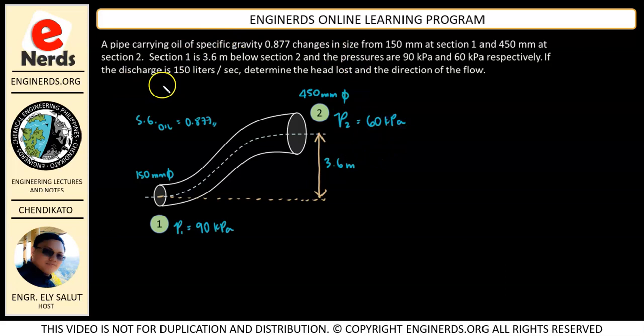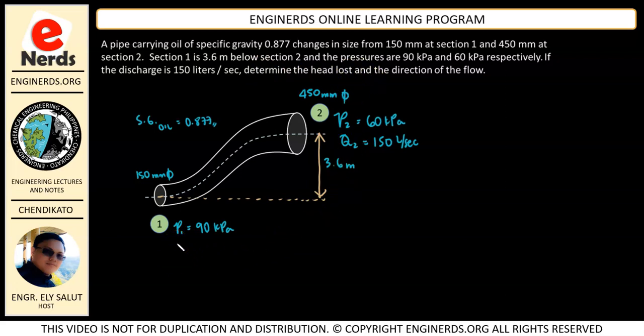Now, if the discharge is 150 liters per second, so our Q, which is the discharge, let me write that here, is equal to 150 liters per second. So now, we need to determine the head loss. So that is our required.